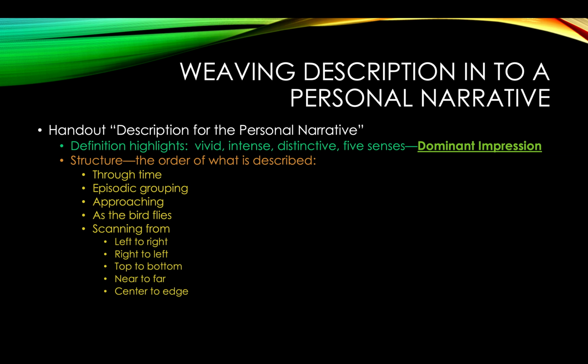Writers use description to give readers an impression of people, places, and things to make them memorable and to support an argument. Word choice focusing on the 5 senses is of the utmost importance in order to make a dominant impression that the audience can experience and visualize.